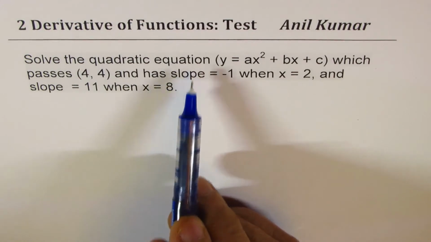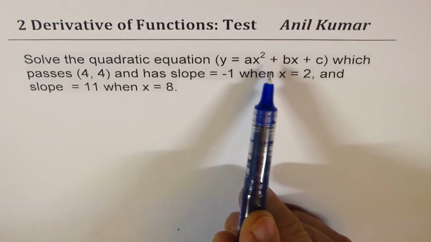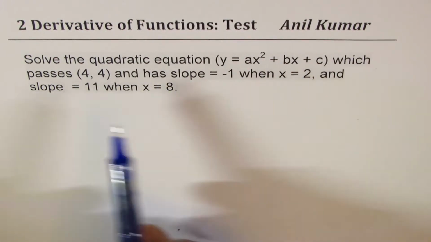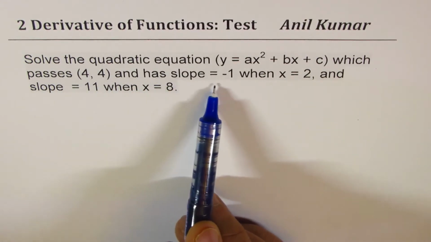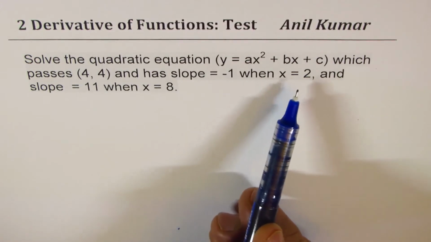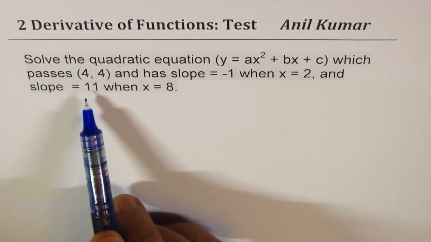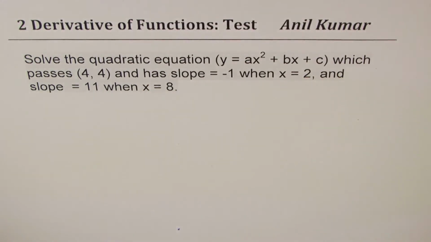Solve the quadratic equation y equals to ax squared plus bx plus c, which passes through (4, 4) and has slope of minus 1 when x equals to 2 and slope of 11 when x equals to 8. You can always pause the video, answer the question, and then look into my suggestions.